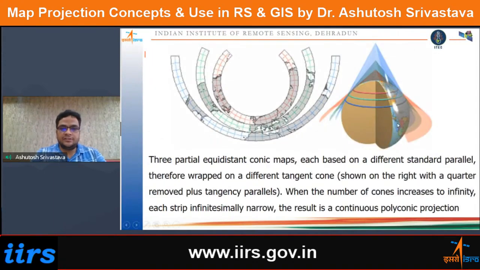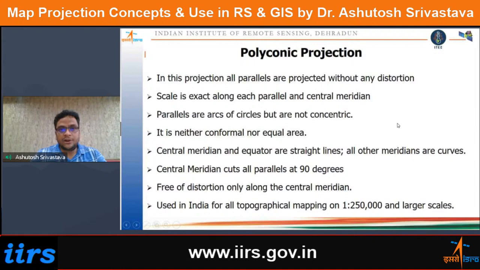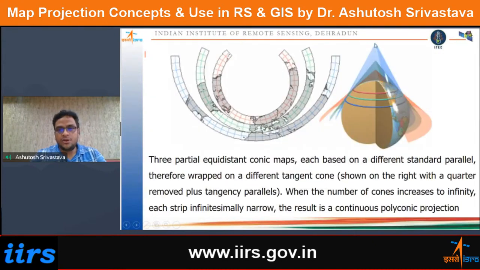Basically, in this polyconic projection, we have cones of different sizes, and wherever a cone is touching the globe, we take just one strip. If you see the orange cone, orange strip, green cone, green strip, and the blue cone, blue strip we have taken.